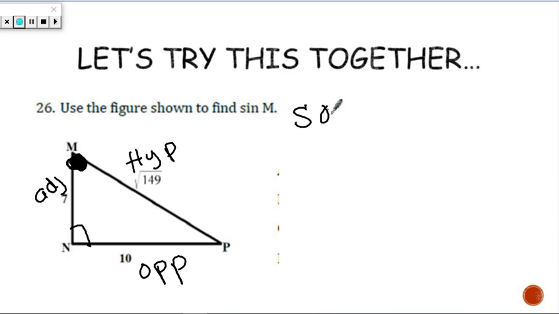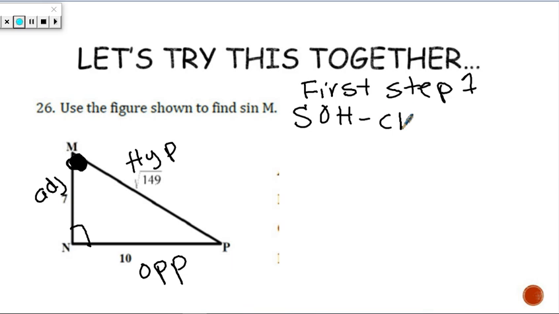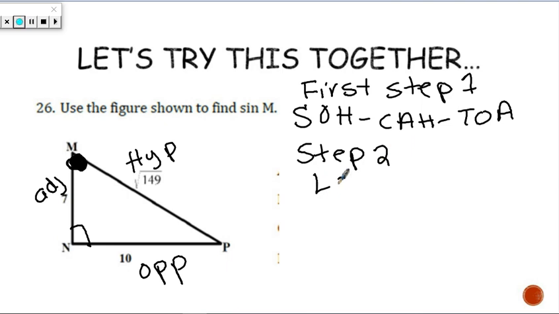Well, our first step here is we're going to write down that SOHCAHTOA, or you can use whatever sentence you want to use to remember it. Then your step 2 would be to label your sides. And then of course step 3 is solve the problem.